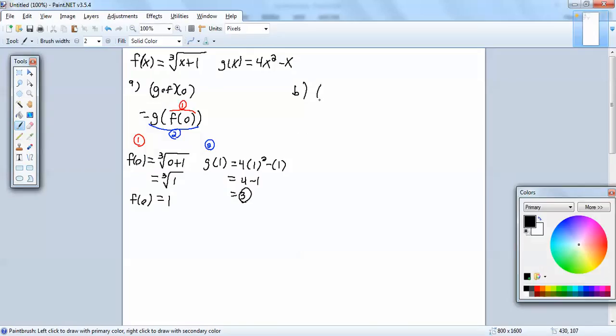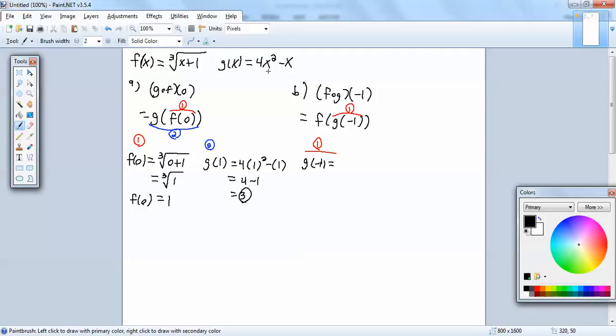B, we want to find the composition of f and g of negative 1. So we rewrite this as f of g of negative 1. And we'll first focus on the inner. So we want to find g of negative 1.